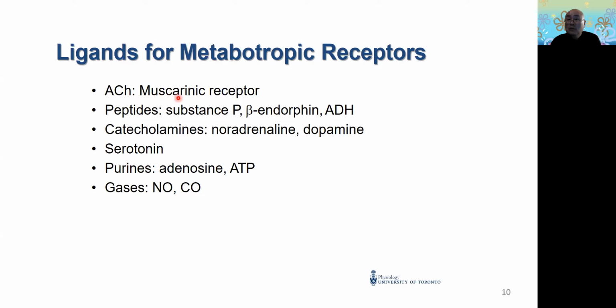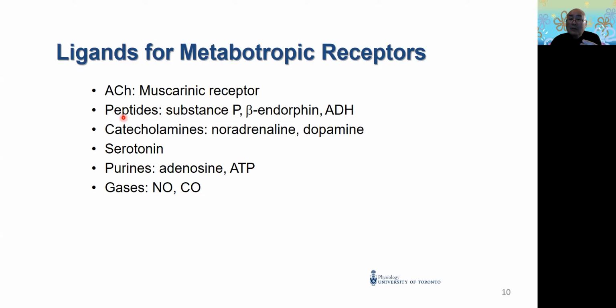Here, this G protein, metabotropic receptor, is called a muscarinic receptor, and pharmacologically, it will bind to a substance known as muscarine, and it only activates these G protein coupled receptors that normally bind acetylcholine. And I use the term G protein coupled receptor. It's interchangeable with metabotropic receptor.